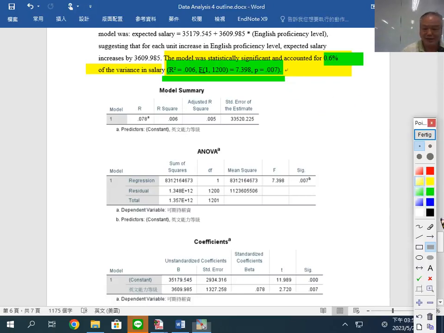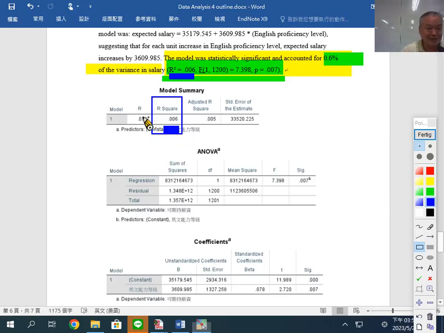First of all, where is R square? R square. This one. Do you see? R square, right? Okay, how do we have R square?